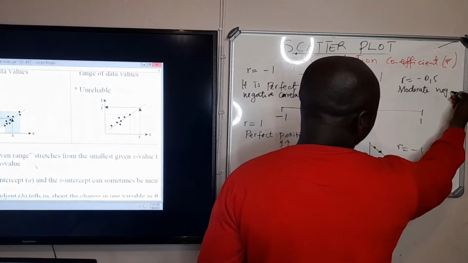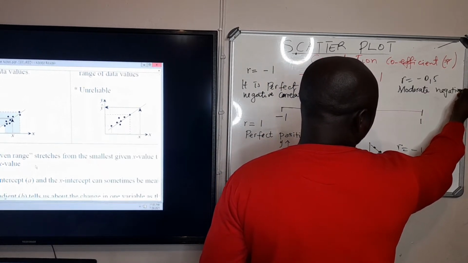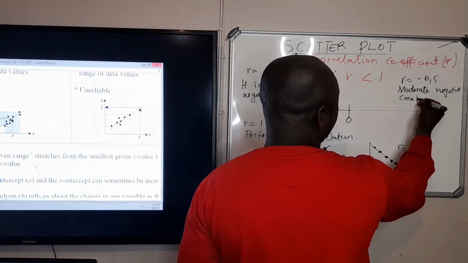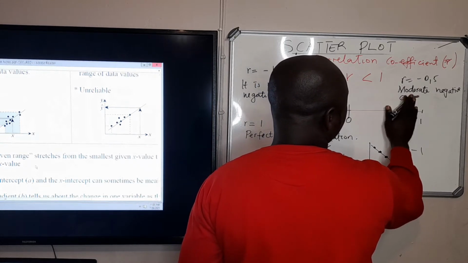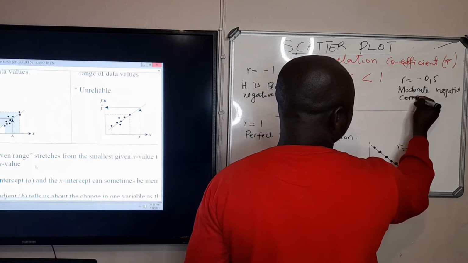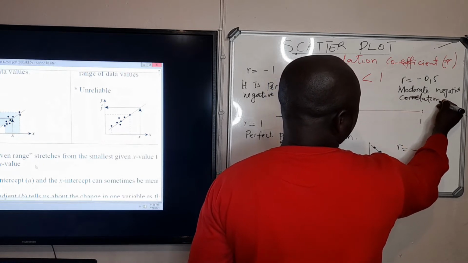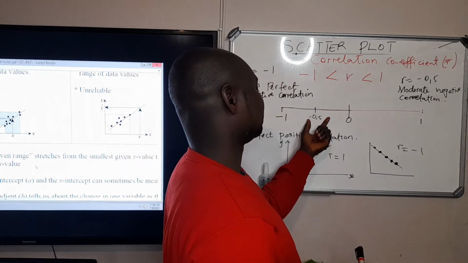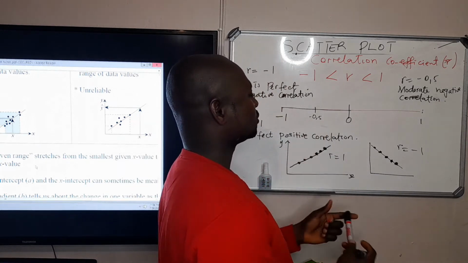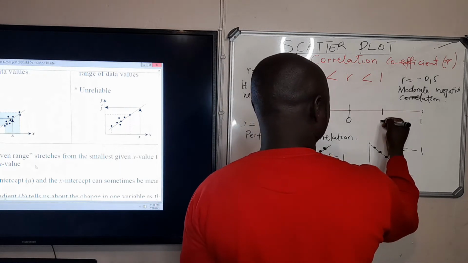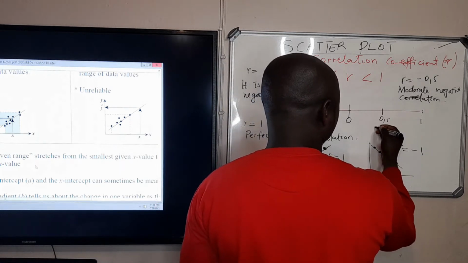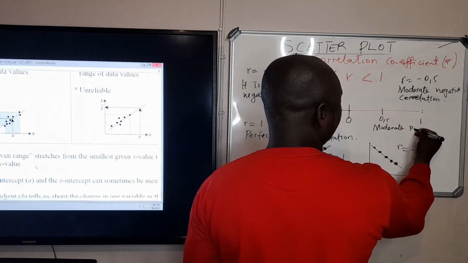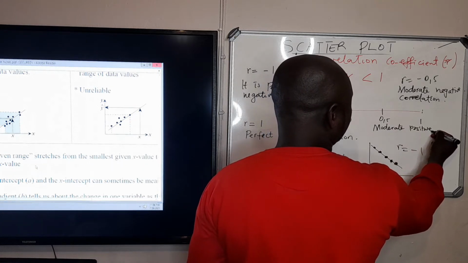Always look at the sign that comes with the number and write it. Moderate negative correlation, 0,5 negative. So if it is positive 0,5, you will say it is moderate positive correlation.